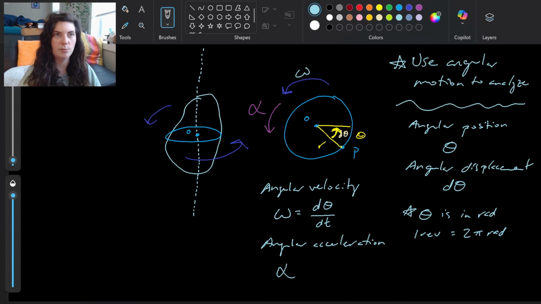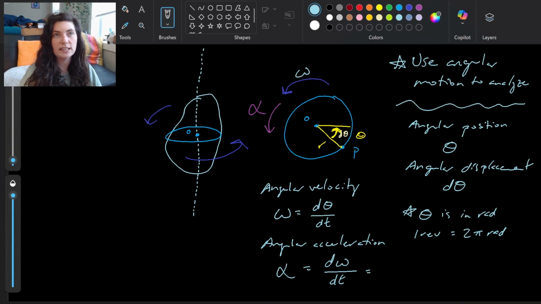It works exactly the same for our angular quantities. If I take d omega dt, the derivative of our angular velocity with respect to time, I get angular acceleration, the Greek letter alpha.